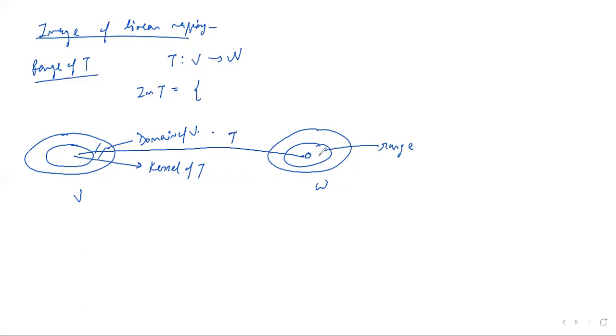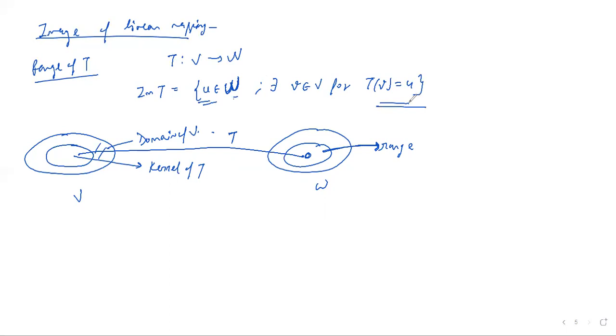This is our mapping, and this is our ker T. Now this whole is the range of T, defined as all those vectors u in W for which there exists v in V such that T(v) = u.